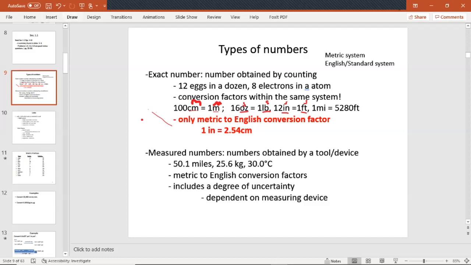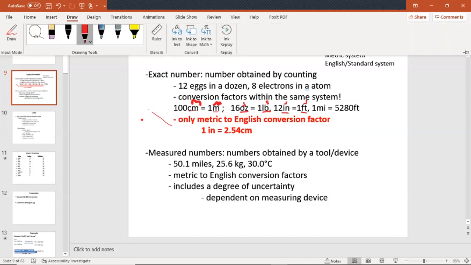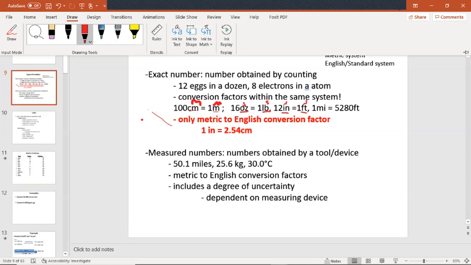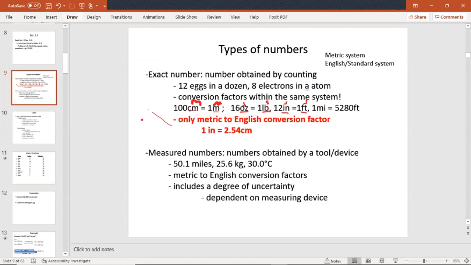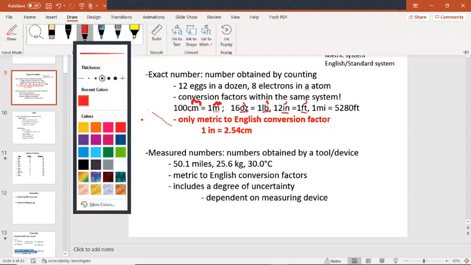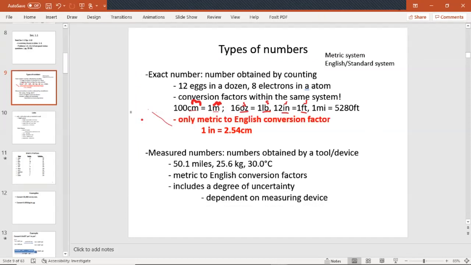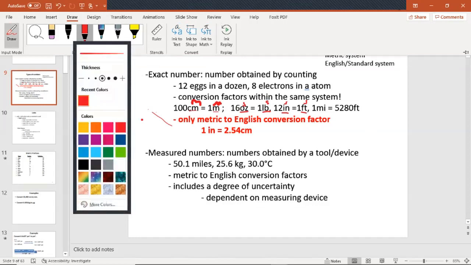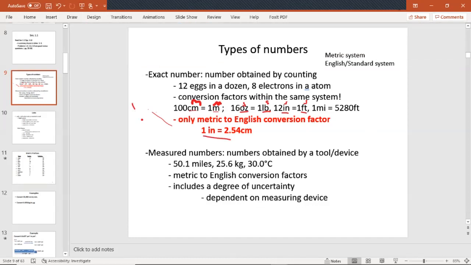So all those conversion factors are exact. Now the only metric to English conversion factor that's exact is 1 inch is 2.54 centimeters. So that's the only conversion factor that is an exact metric to English conversion factor.